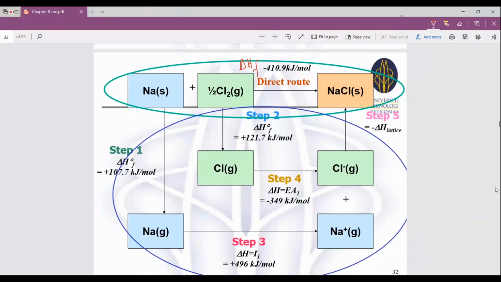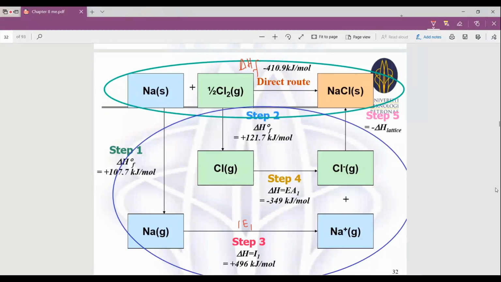Then the first step is atomization of Na solid to Na gas. Okay, from Na gas, first ionization energy. Step 3 is actually the first ionization energy.